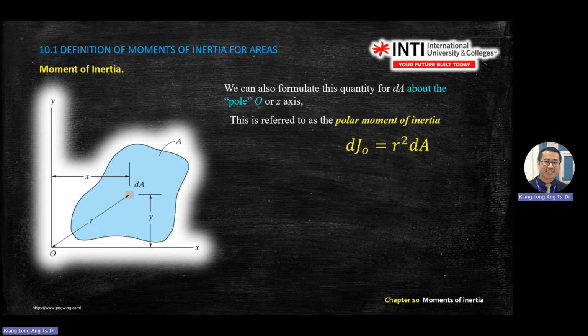Okay. So now you have another one called polar moment of inertia. You use dJo because you're referring to this reference point, equals r squared dA. So same, if you want to find polar moment, you integrate r squared dA.